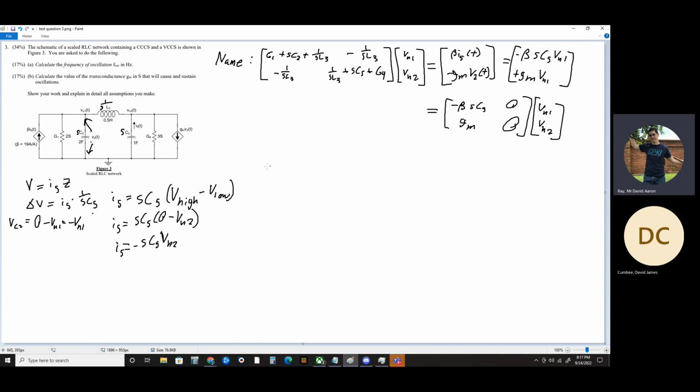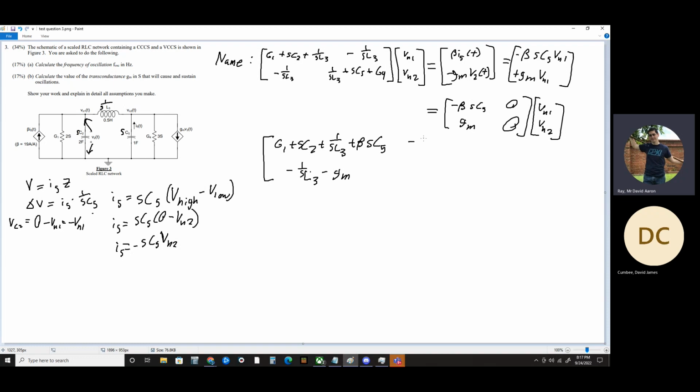So now, looking at this new matrix, we have G1 plus SC2 plus 1 over SL3 plus beta SC5, and then negative 1 over SL3, that's what it is, negative 1 over SL3 minus GM.